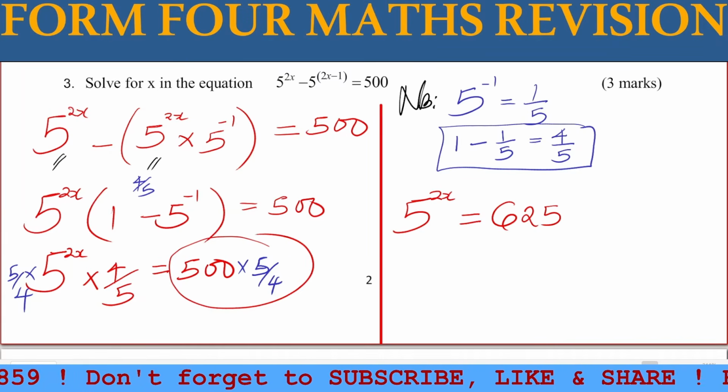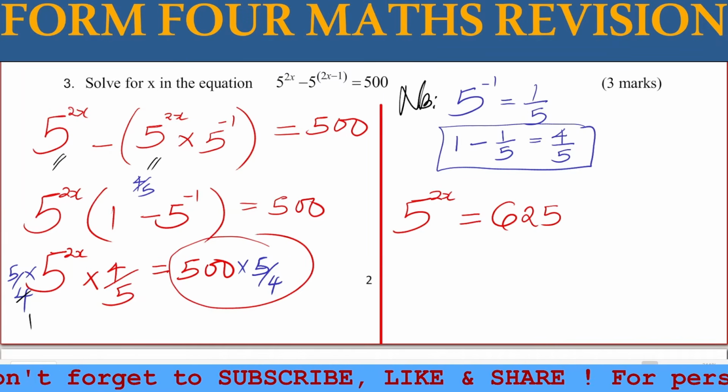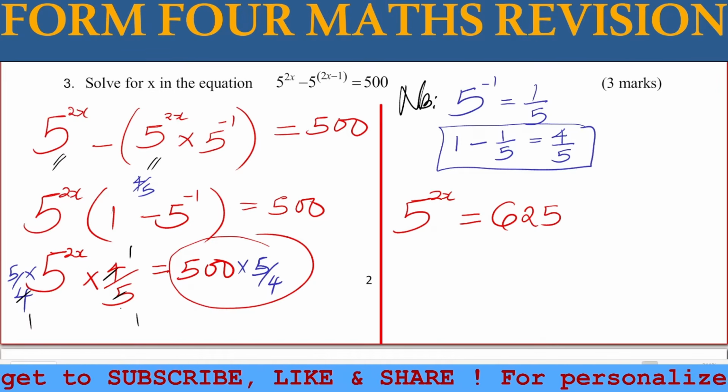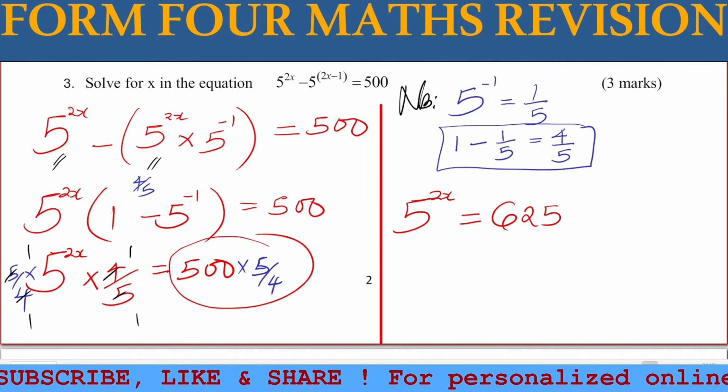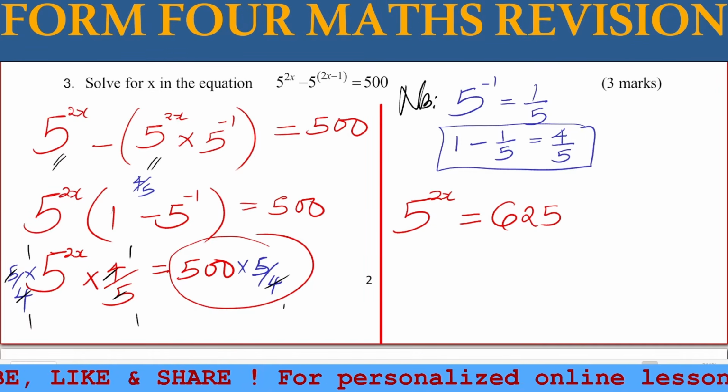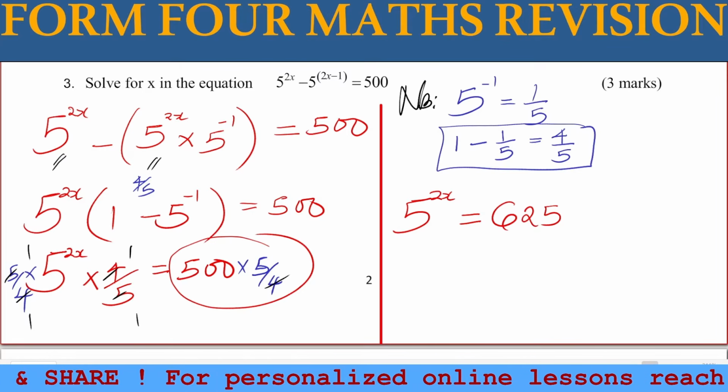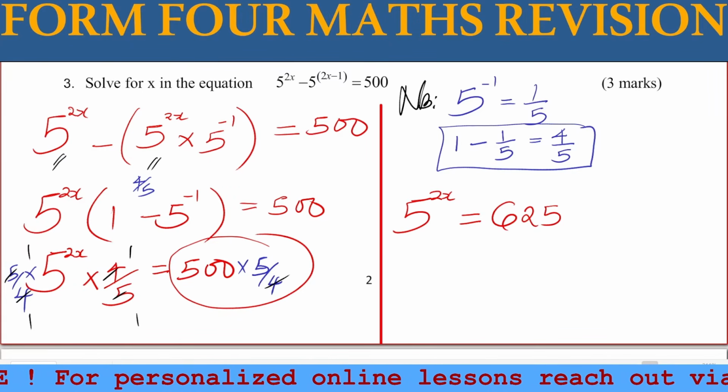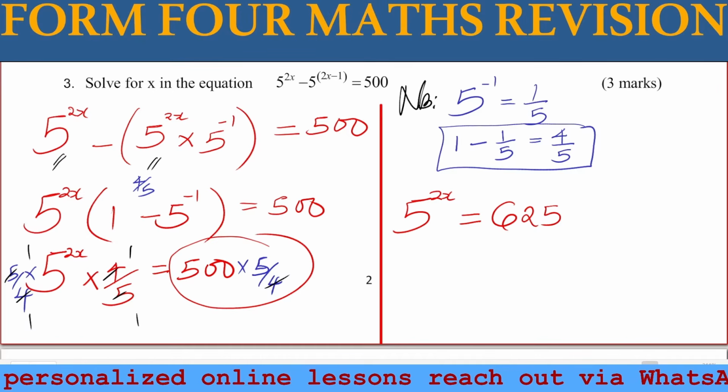Remember what we've done here. We multiplied both sides by the reciprocal of 4 over 5 in order to get rid of 4 over 5 from the left hand side. After doing that, you notice that you have 5 to power 2x is equal to 625.